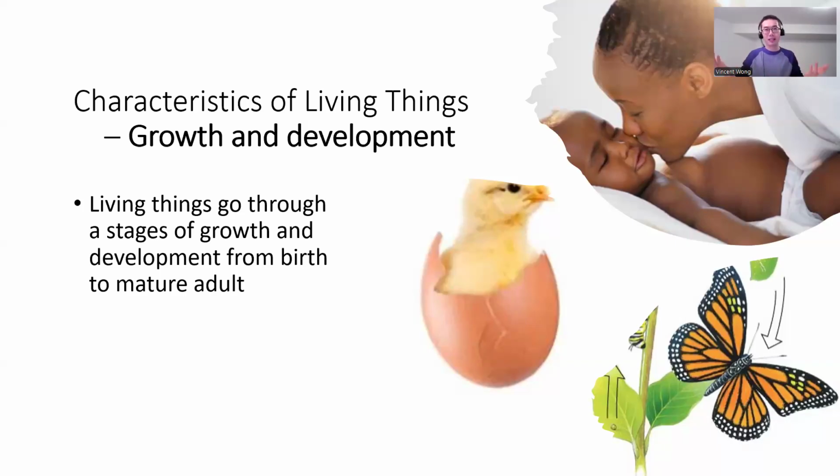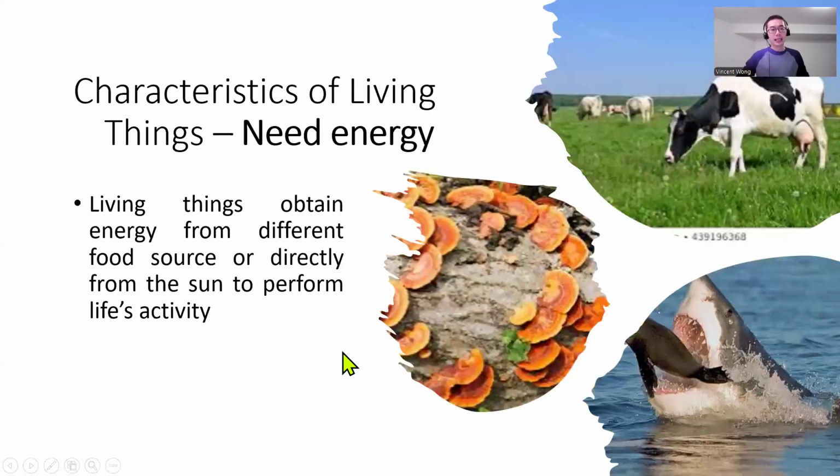Unless you learned it from reading a book or going to school, you would not have guessed the caterpillar and the butterfly are actually the same organism, right? So depending on what kind of organism you're talking about, some development may be more drastic than others, but it's a feature of living things. This one is pretty self-explanatory. I'm not going to spend too much time on it.